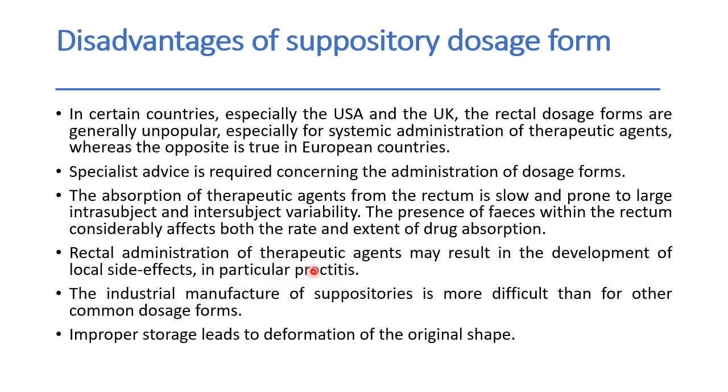Rectal administration of the medicine may also result in the development of local side effects, such as proctitis. Industrial manufacture of suppositories is more difficult and more sophisticated than other common dosage forms. Suppository dosage form requires special storage, and improper storage may lead to deformation of the original shape.